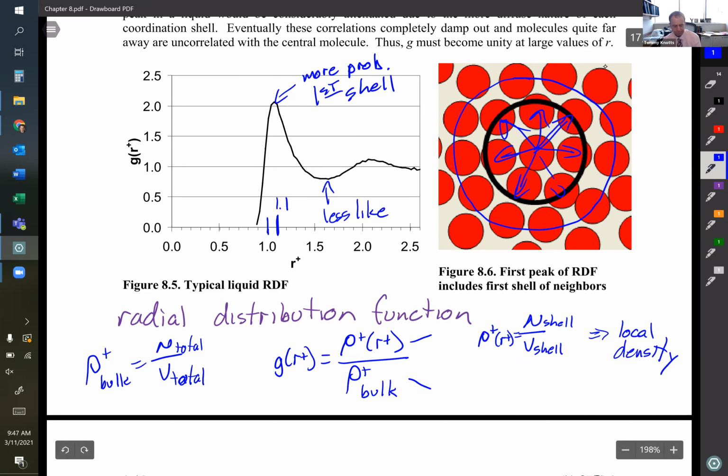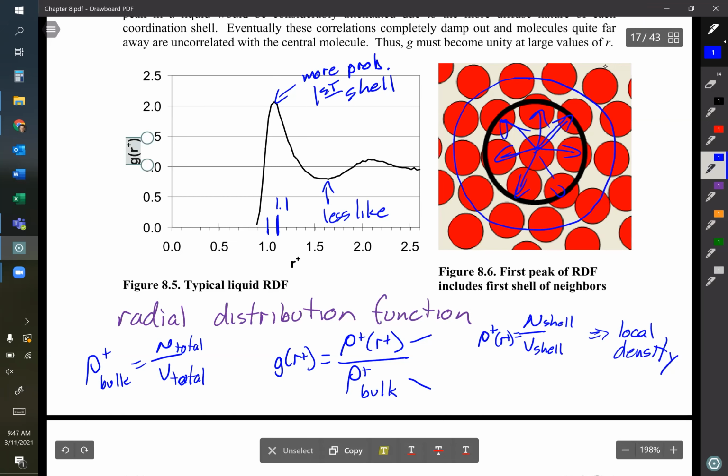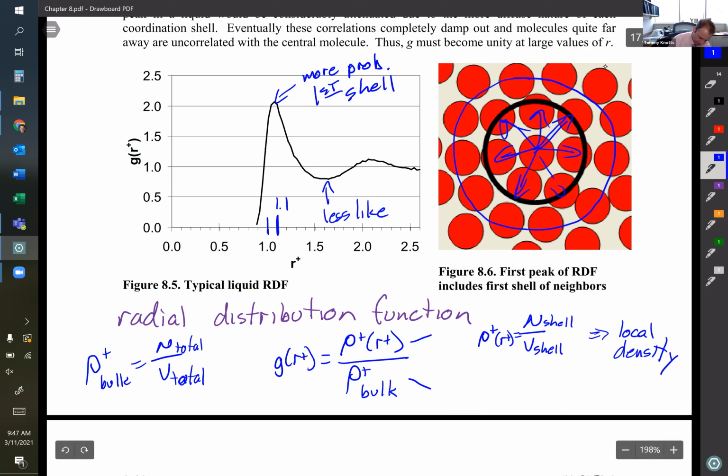Nathan, what's your question? So this bulk density, is that closely related to the macroscopic density that we would measure or observe? Yes, definitely. In simulation, I'm not dealing with Avogadro's number of particles, but say I have 500 particles, and I can divide that by the volume of whatever I've got, like 100 angstrom cubed.